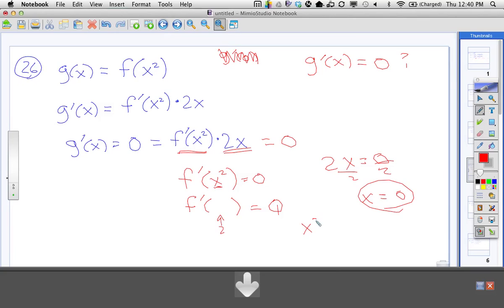And so that's when x squared is 2, which would be plus or minus the square root of 2. So there's three answers: when x is 0, or when x is root 2, or when x is negative root 2. Think about it, if you plug in root 2 for x right here, root 2 squared is 2, and f prime of 2 is 0. You can see it right on the graph. Negative root 2 squared is 2, and f prime of 2 is 0.